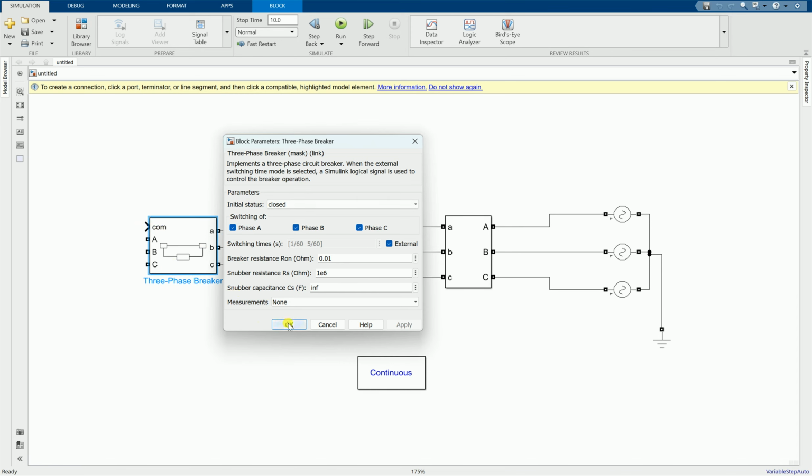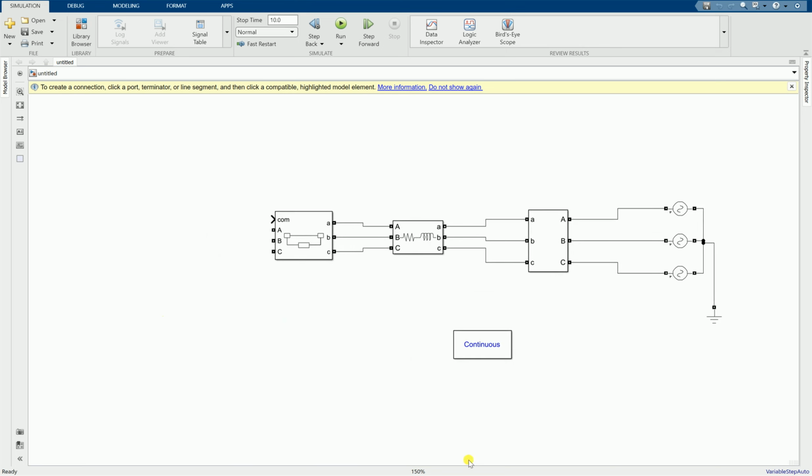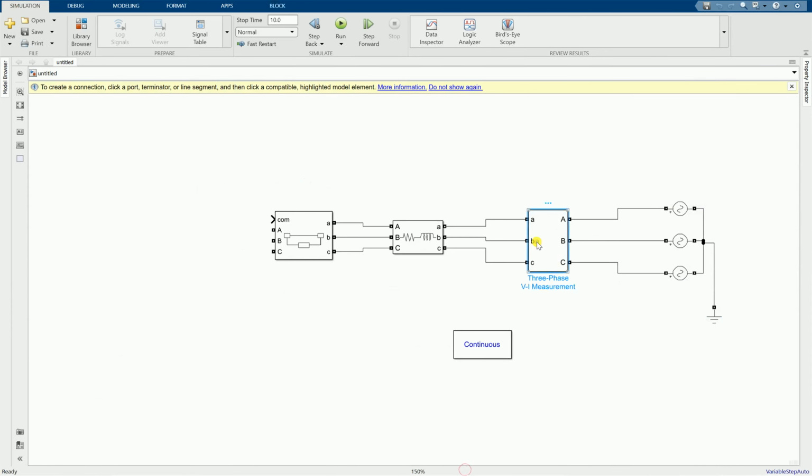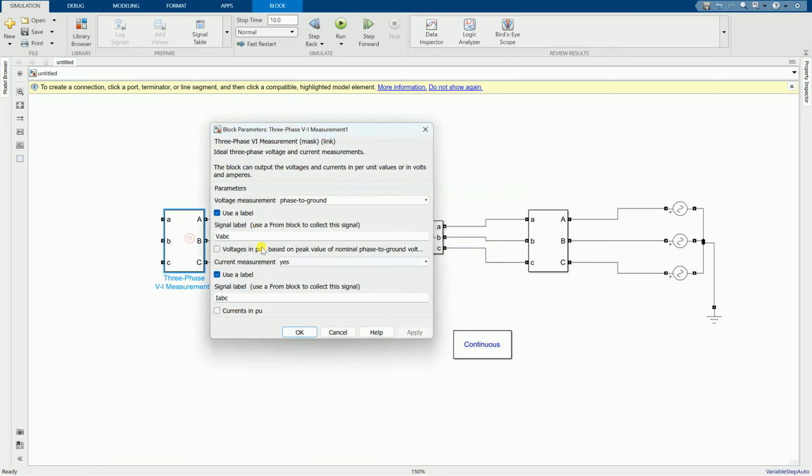Okay, logic signal. Now we have also a measurement bus, so we can take this one, copy here and paste like here. So we have A, B, C. Here we have what is its label.